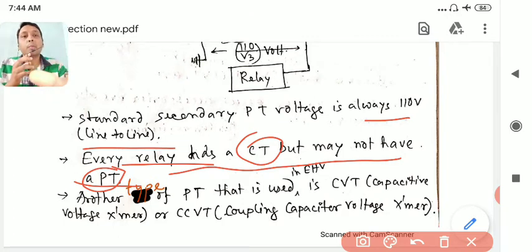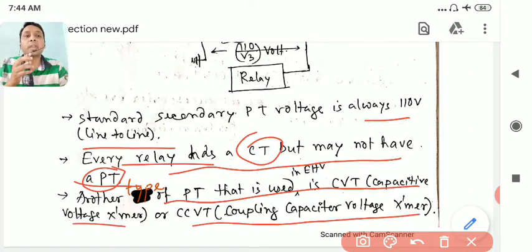There is another type of PT in extra high voltage, known as CVT, capacitive voltage transformer, or CCVT, coupling capacitive voltage transformer. Both are almost the same, but there is a little difference, which we will explain. Why do we go for CVT in extra high voltage?